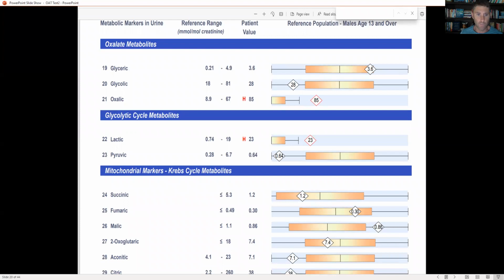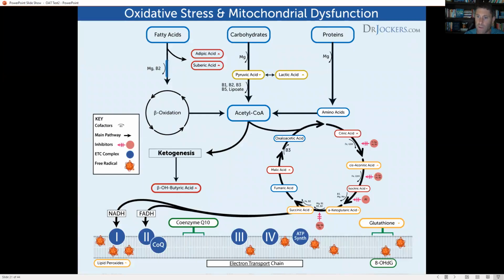Now, with these other markers, we're looking at like succinic, fumaric, malic acid, 2-hydroxyglutaric, citric acid. All of those are very, very important parts of the Krebs cycle. If you see this spinning wheel right here on the right side, you'll see succinic acid, alpha ketoglutaric acid, aconitic acid, citric acid, right?